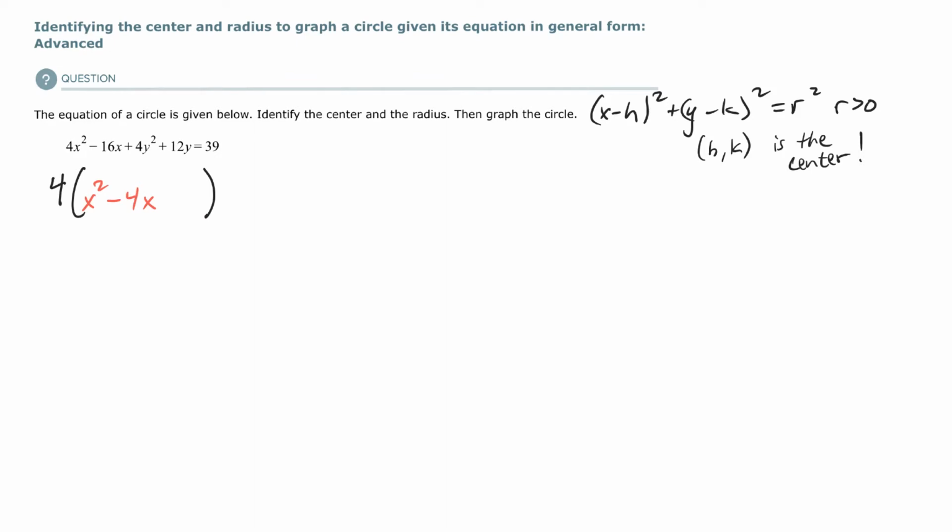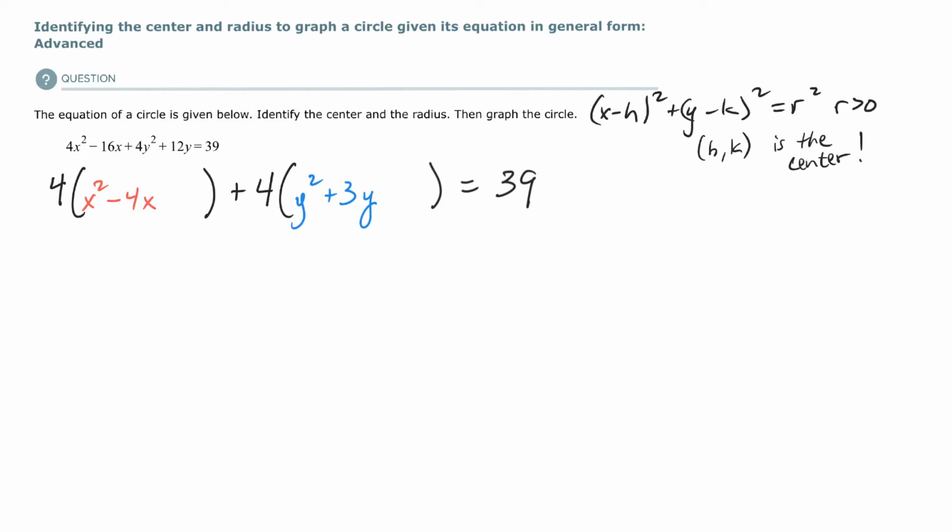We're going to do the same thing for the y terms, plus 4, parentheses, and then y squared plus 3y. Awesome. It is equal to 39. 39 is still on the right side of the equation.